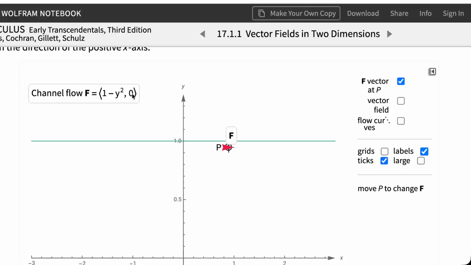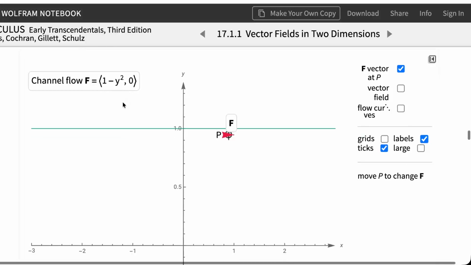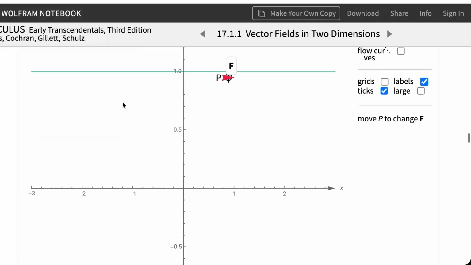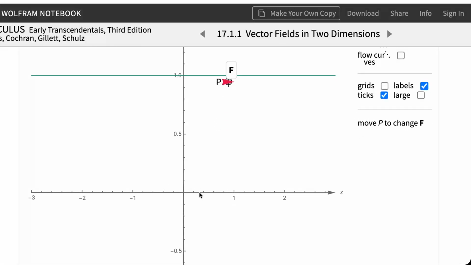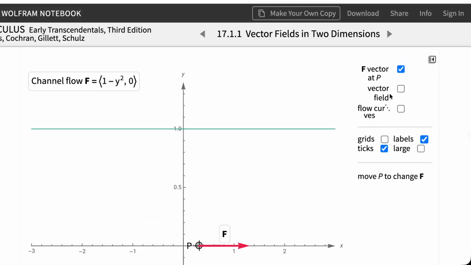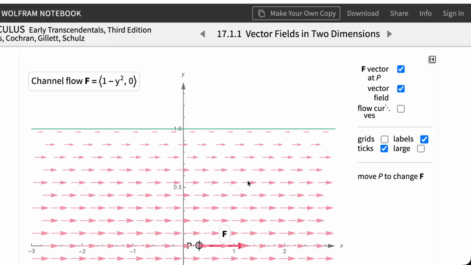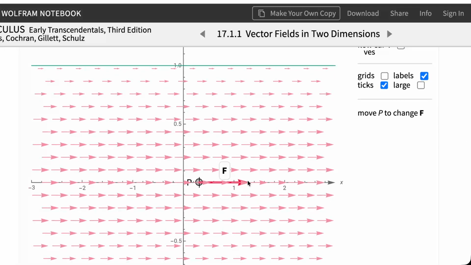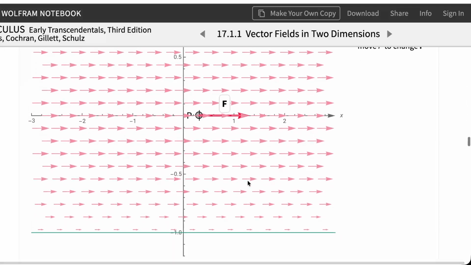Yeah. The y coordinate of that vector is always 0, so these things always point sideways. And the x coordinate is smallest when you're near -1 or +1, and it's largest when you're right on the x-axis. Right? So when I throw on all of the vectors, you see it, this is actually really the way flows in a channel work.